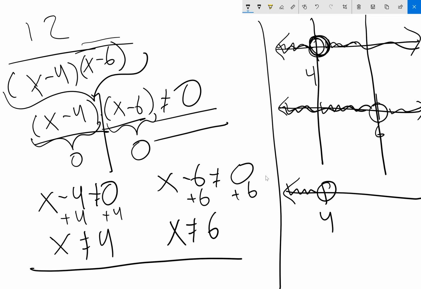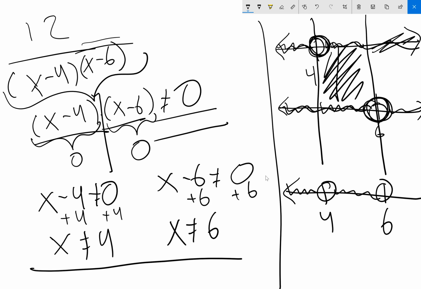Now we go on, both of these rules say it's okay to have stuff between 4 and 6, but this rule says that we can't have anything at 6. And then these 2 rules say we can have anything after. So negative infinity to 4, not included, plus anything between 4 and 6, not included, plus anything after 6.